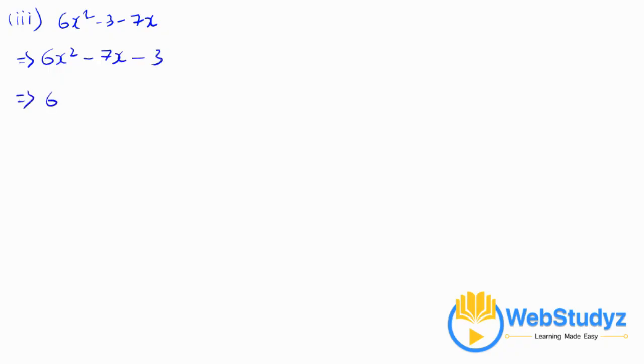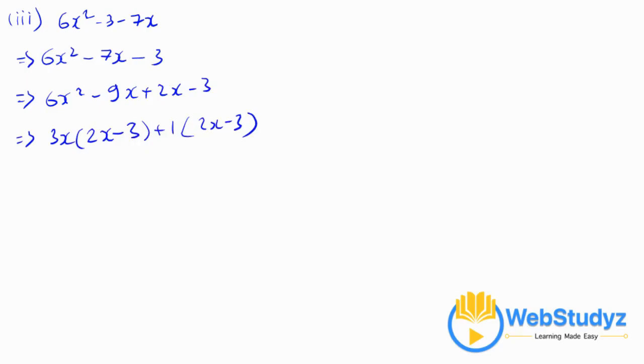Again we can write this as 6x square minus 9x plus 2x minus 3. Now we can take 3x common, inside we get 2x minus 3. If we take 1 common, we get 2x minus 3. So the factors will be 2x minus 3 and 3x plus 1.